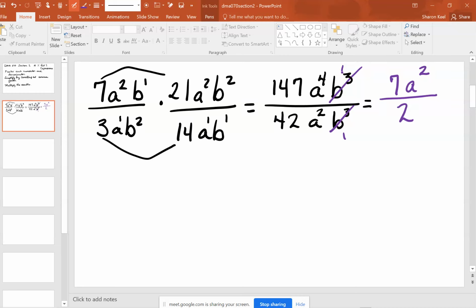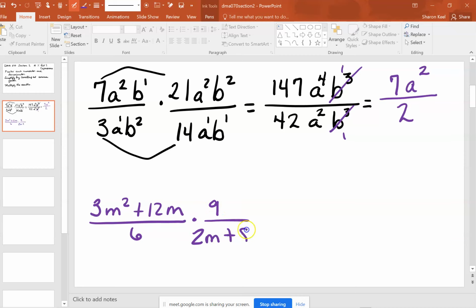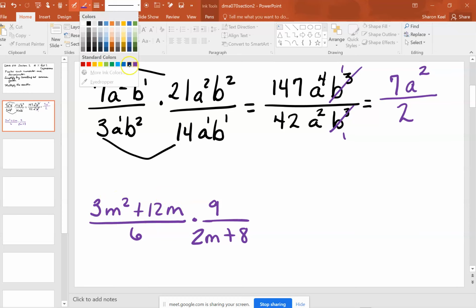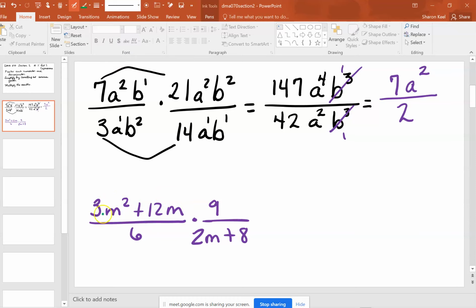Okay, let's move to another one. Let's say we have 3m squared plus 12m over 6 times 9 over 2m plus 8. Now, what we want to pay attention to is in this numerator, we have a common factor of 3 and an m.